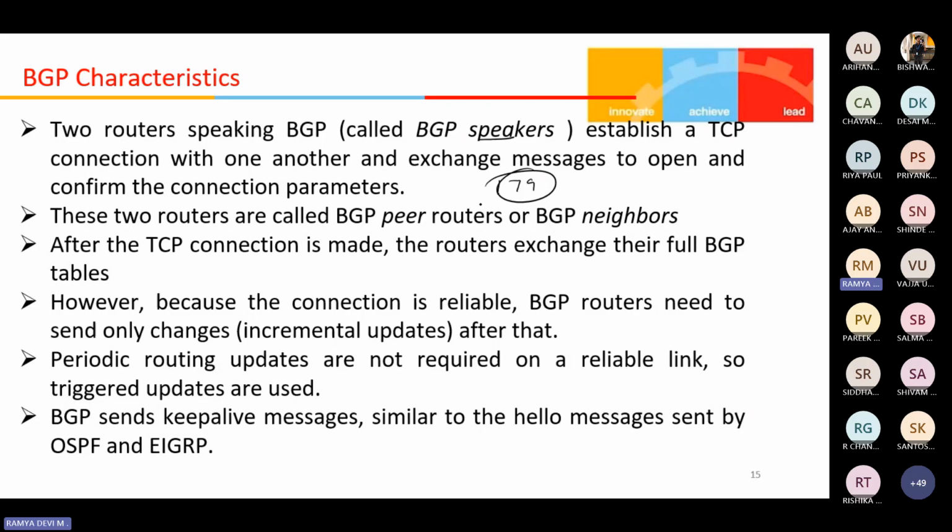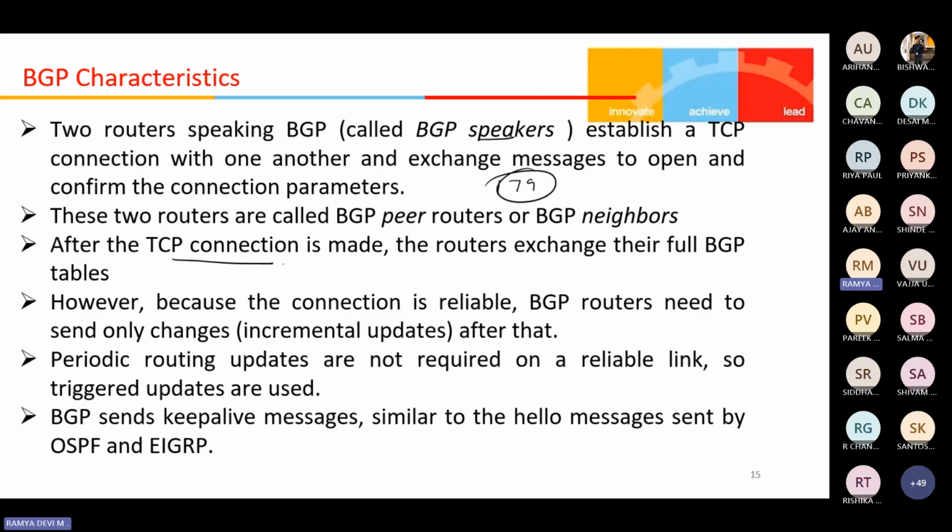Before exchanging any data, they want to have a three-way handshaking mechanism. Why? Because it is a TCP connection. The PGP speaker must establish a three-way handshake for exchanging the open message, or even to confirm the session with keep alive messages.